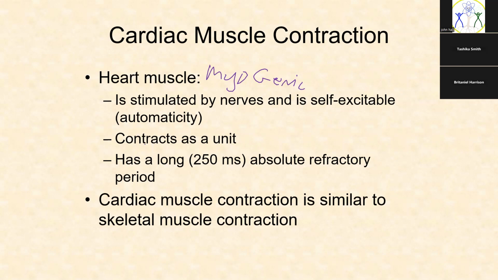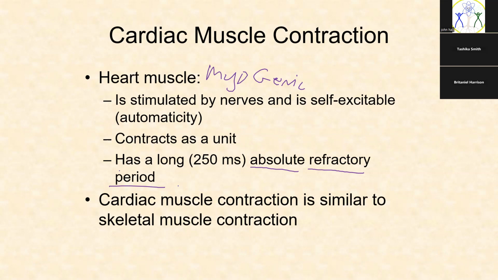Now, it mentions here that heart muscle has a long refractory period. What does this mean? It means, of course, as you know from AMP1 when you did muscle contraction, there's a long period between when the heart receives one signal to contract and before it can respond to another signal to contract.